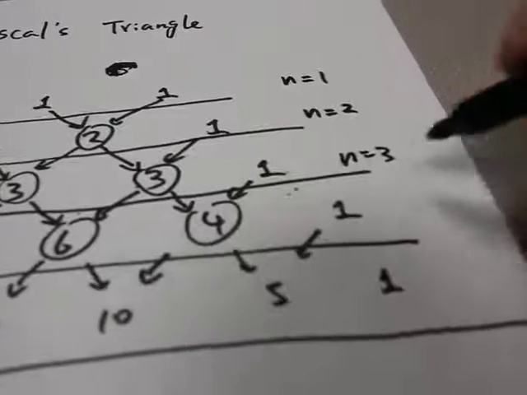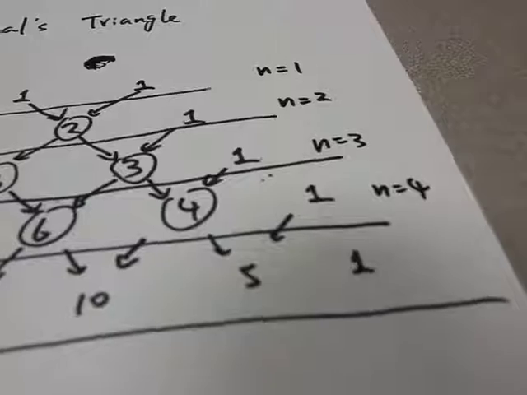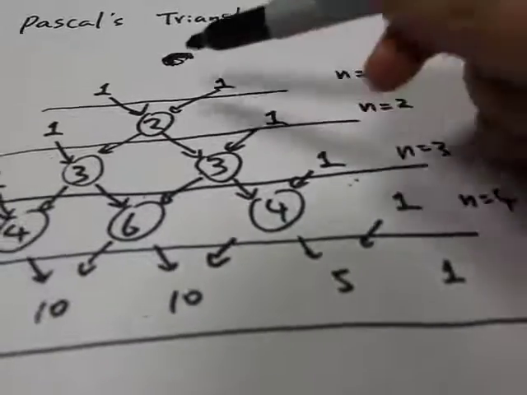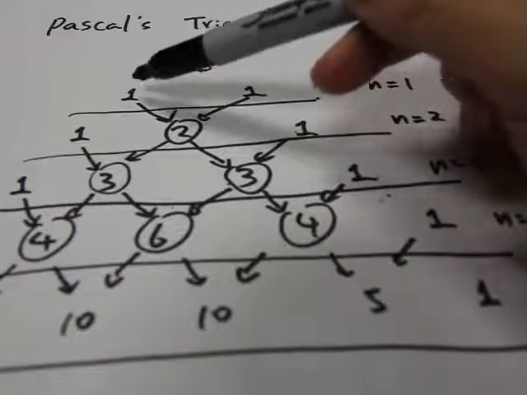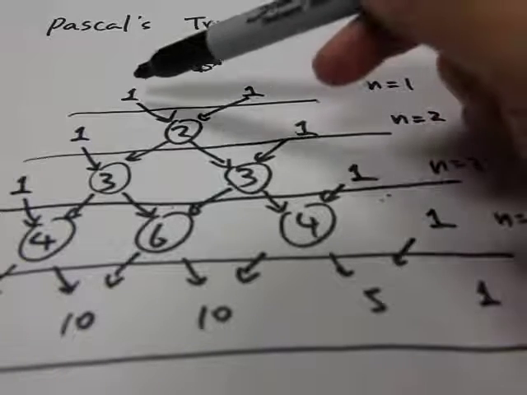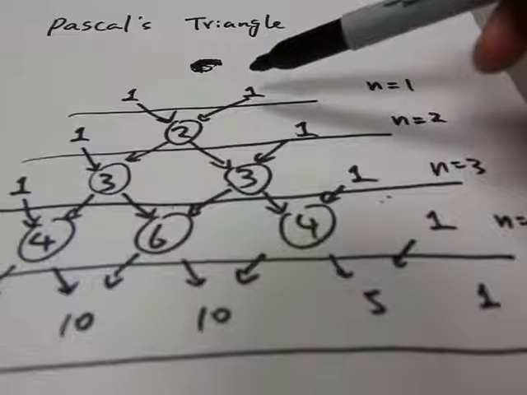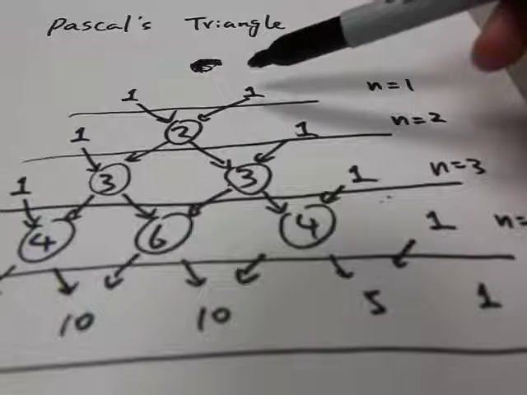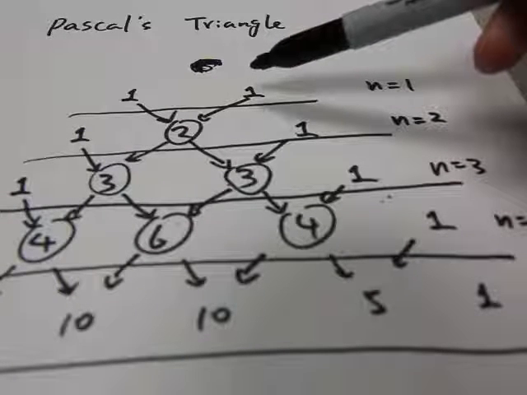So this is n equals 3, this is n equals 4. Now, the numbers are gonna tell us how many terms in the polynomial when we expand (a + b)^n.